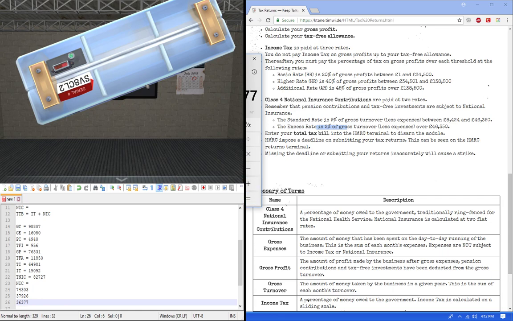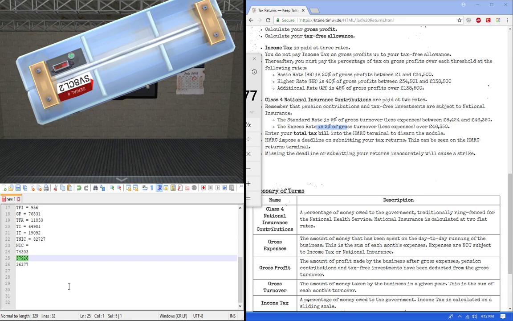Yep, okay. So anything that's between the thresholds, these are the two numbers that make 74,303. Would you agree? These two numbers added up make this.